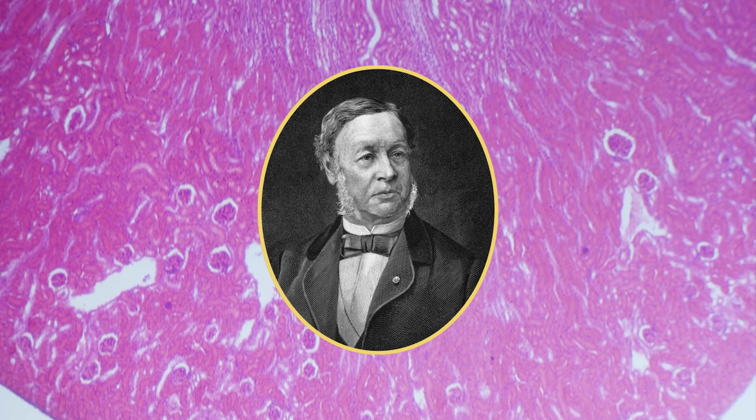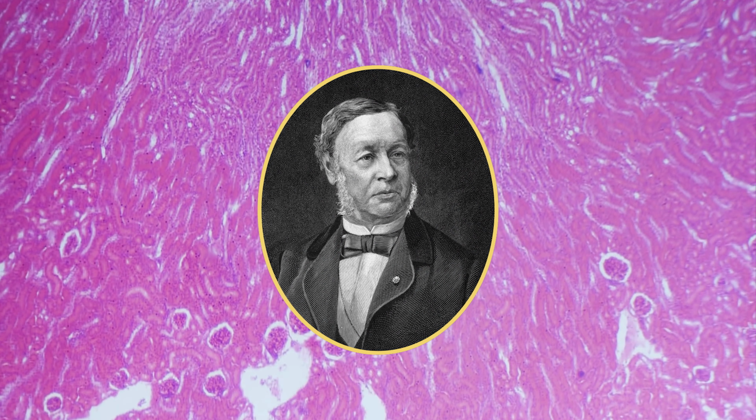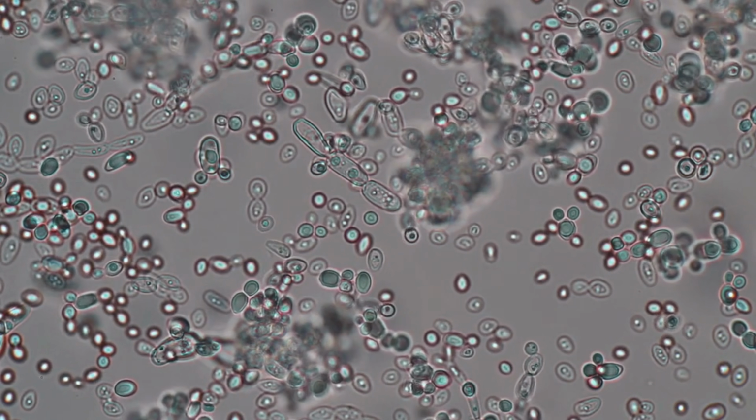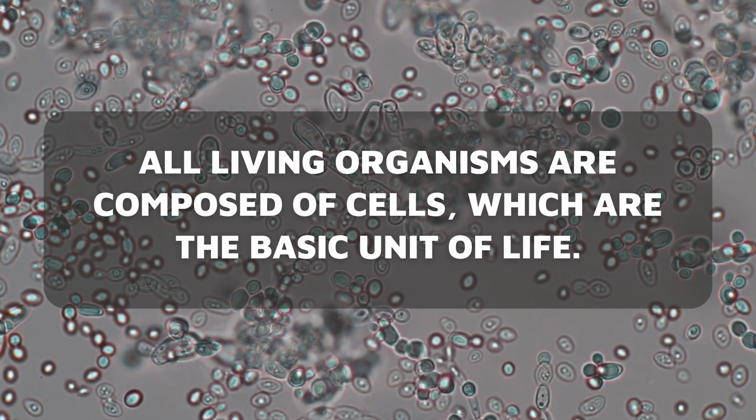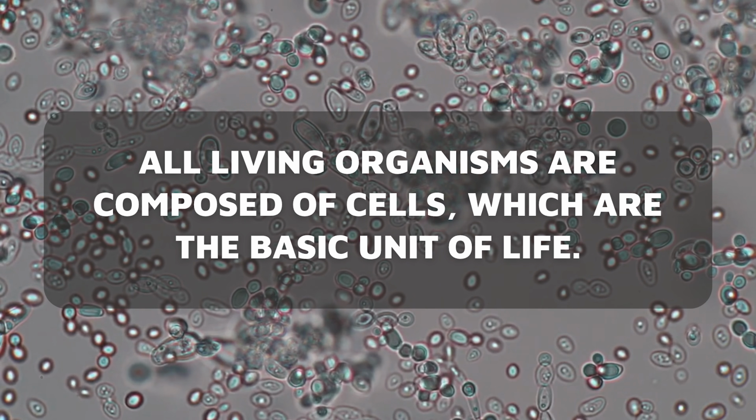Every single plant he looked at was made of, you got it, cells, which he proposed as a general principle of biology. At the same time, Theodor Schwann, who conducted similar research with animal tissues, eventually reached the same conclusion, observing that all animal tissues were also made of cells. Together, they developed the first version of the cell theory, which stated that all living organisms are composed of cells, which are the basic unit of life.